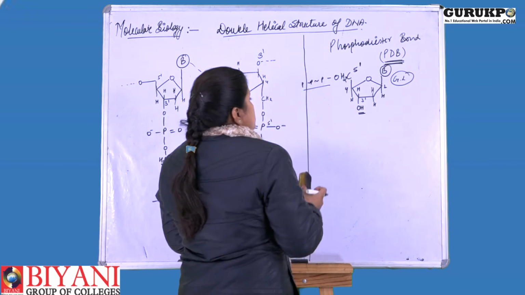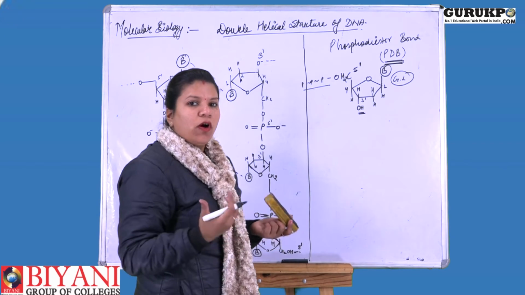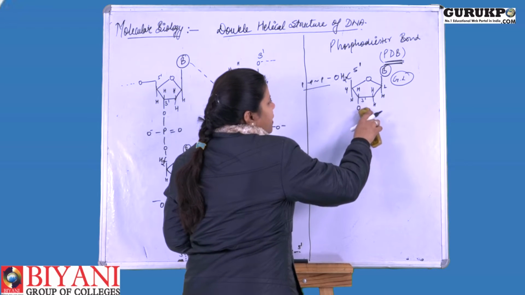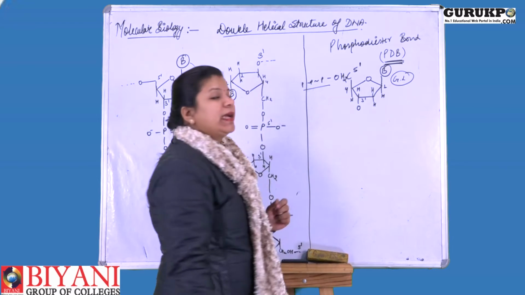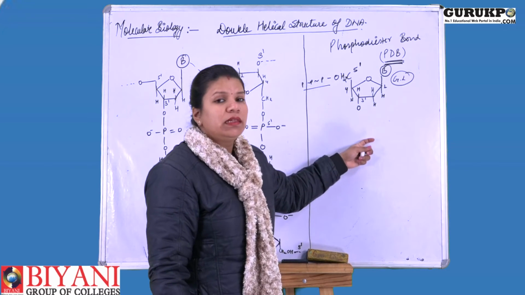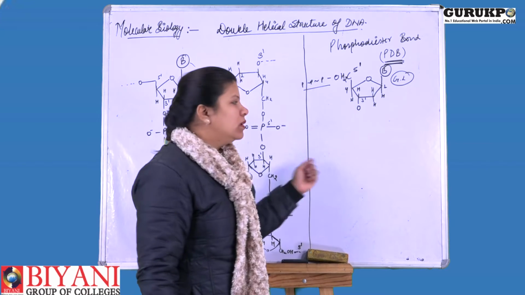okay. Now where can I add the next nucleotide? Obviously only the 3' hydroxyl group will provide the free position where we can add the next nucleotide to extend the chain. Clear?